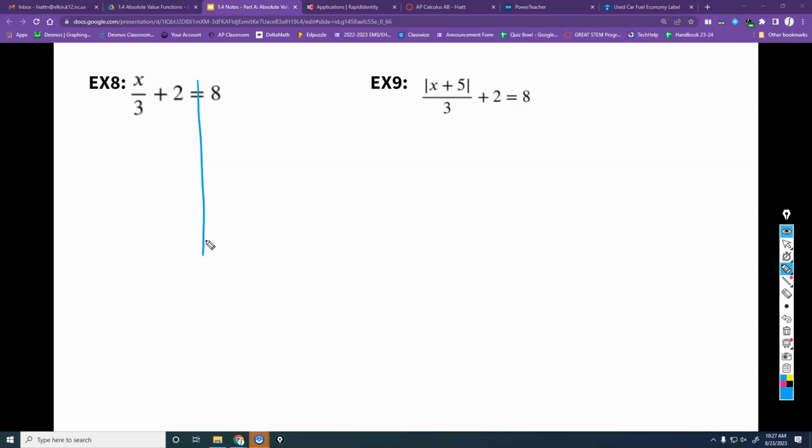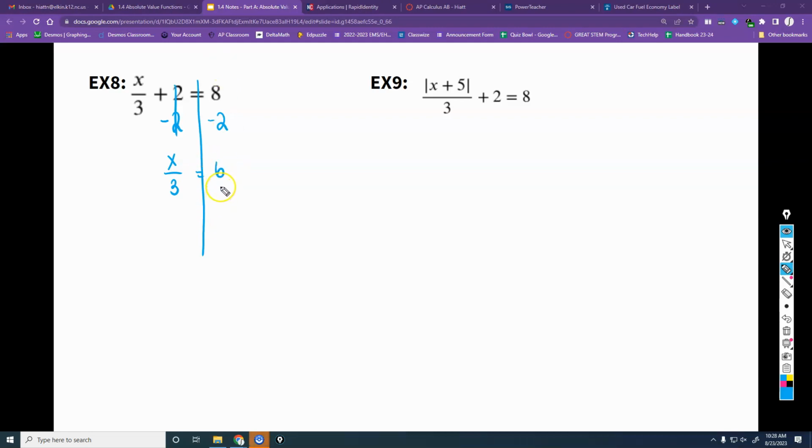We are going to multiply both sides. It's not the first thing we're going to do. Do we add the 2 to the 8 first? Almost. We've got to subtract because we've got to do the opposite sign. So we're going to subtract that 2 first. So that gives us x over 3. You're a step ahead of me.